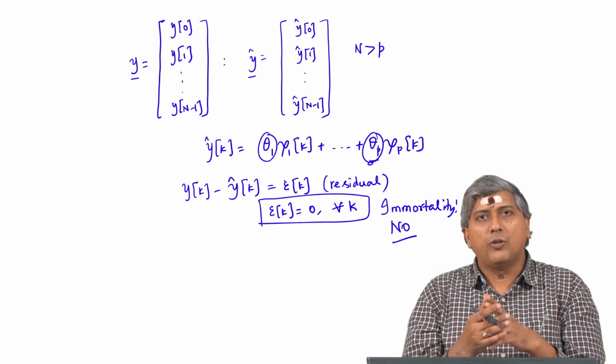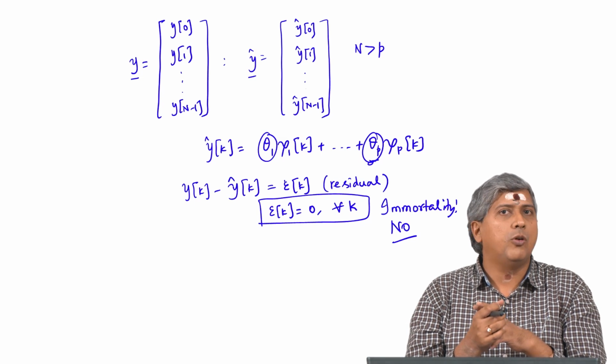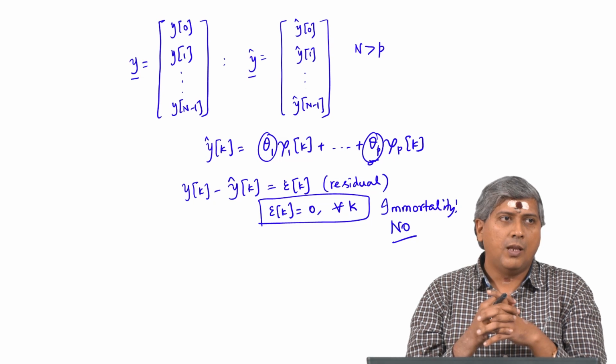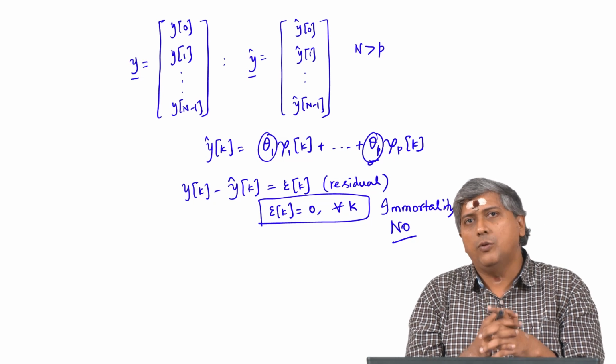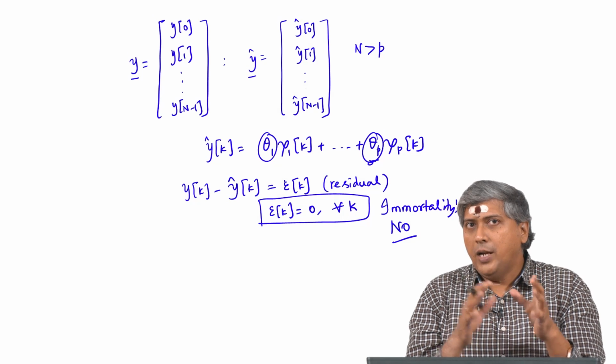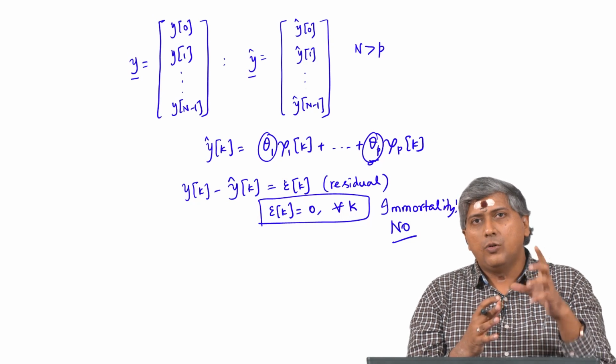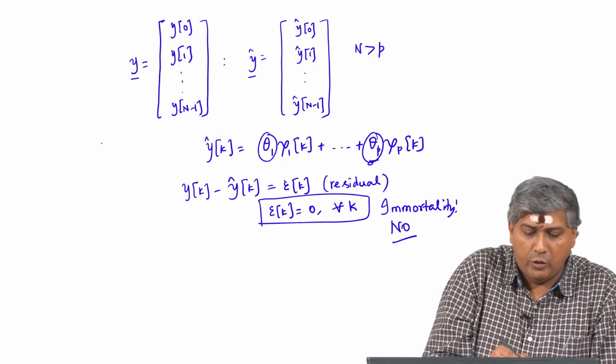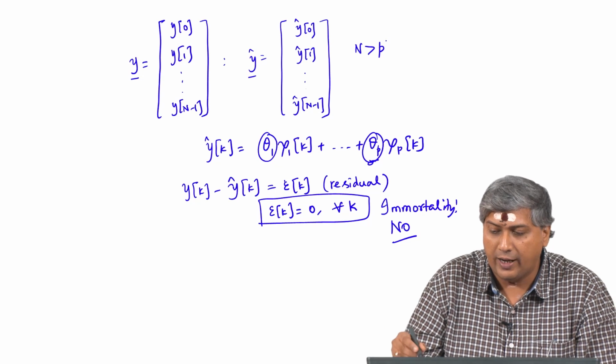The least squares approach takes a different stance. It says I am not going to satisfy any observation exactly. I am not going to drive any of the residuals to 0. Remember, this is a completely different approach. One approach is to say I have n residuals, corresponding to y minus y hat.